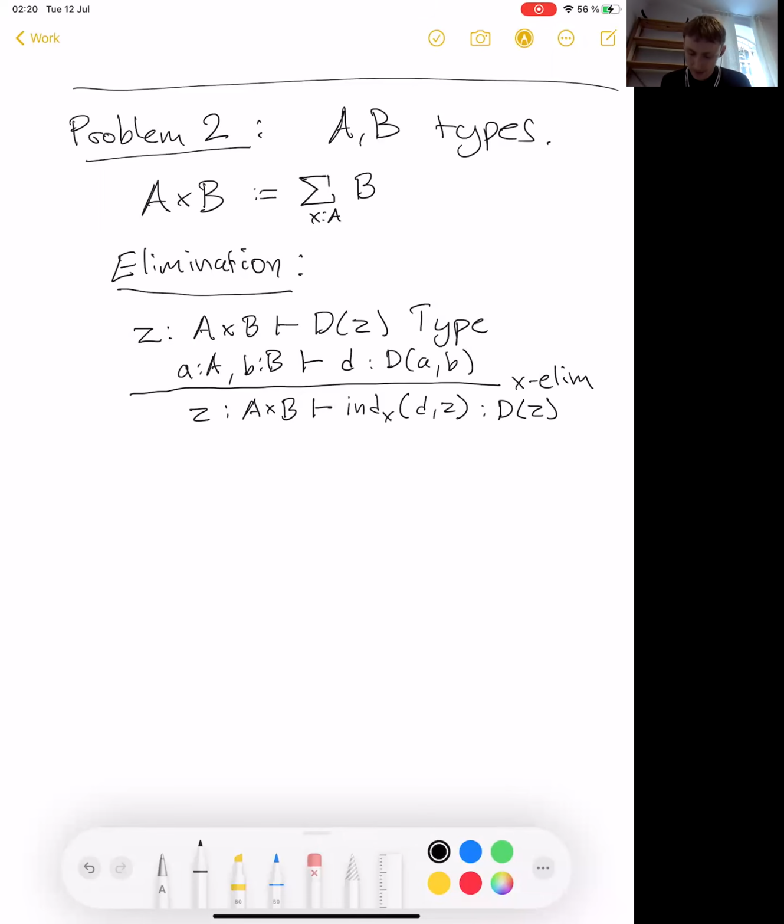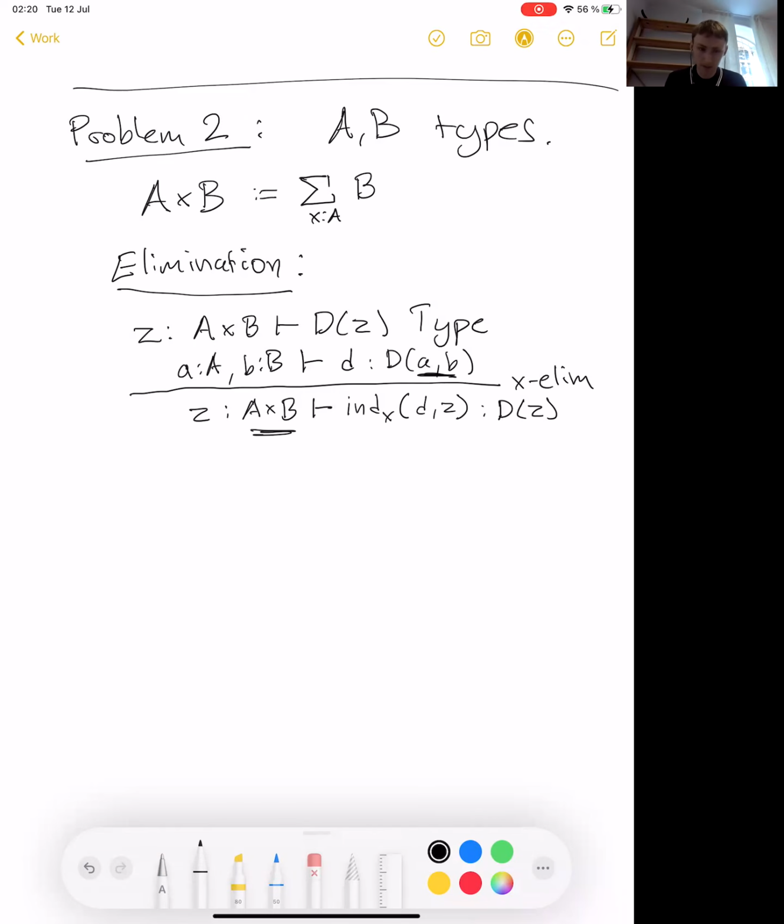Well, it says that in order to prove something about products, we just need to do it for the terms of this form here. So given a point Z in a product, you can always assume that it's of the form A, comma B for some A in A and B in B. It literally just says that the product of two types is just points in A together with points in B. That's precisely what the elimination rule says.